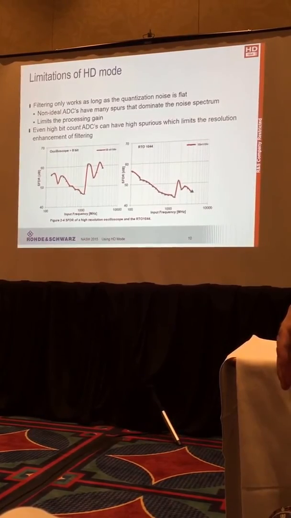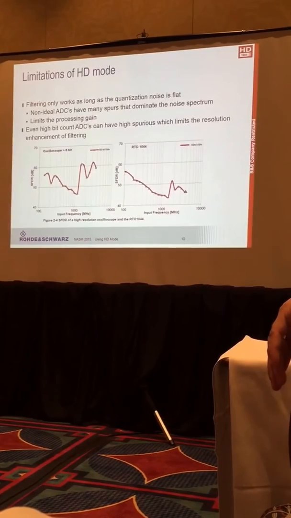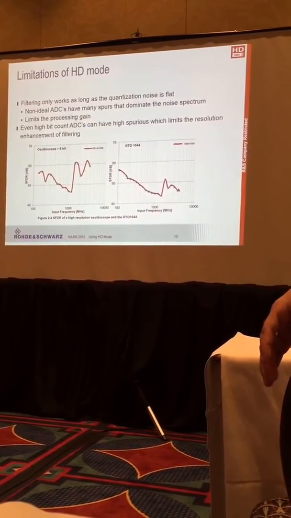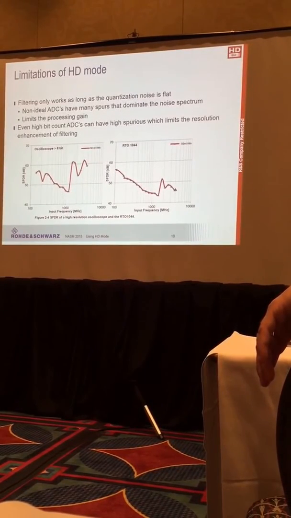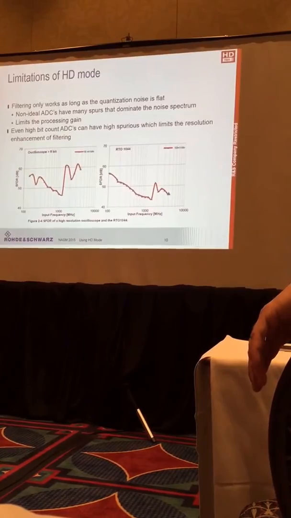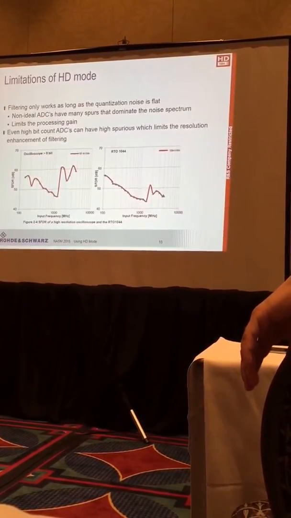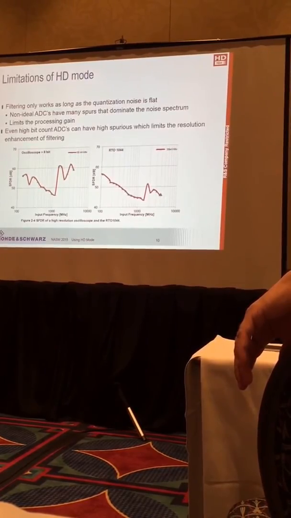This is an 8-bit scope. This is one that claims to be more than 8 bits. What happened is the spurs contain more error energy than the quantization noise, so you never get those bits on the inside. This is the reality that we understand, and customers don't even care. When they're buying a scope, they look at the bits on the front panel, and they don't really get into this stuff. But it's important for you to understand why that is.